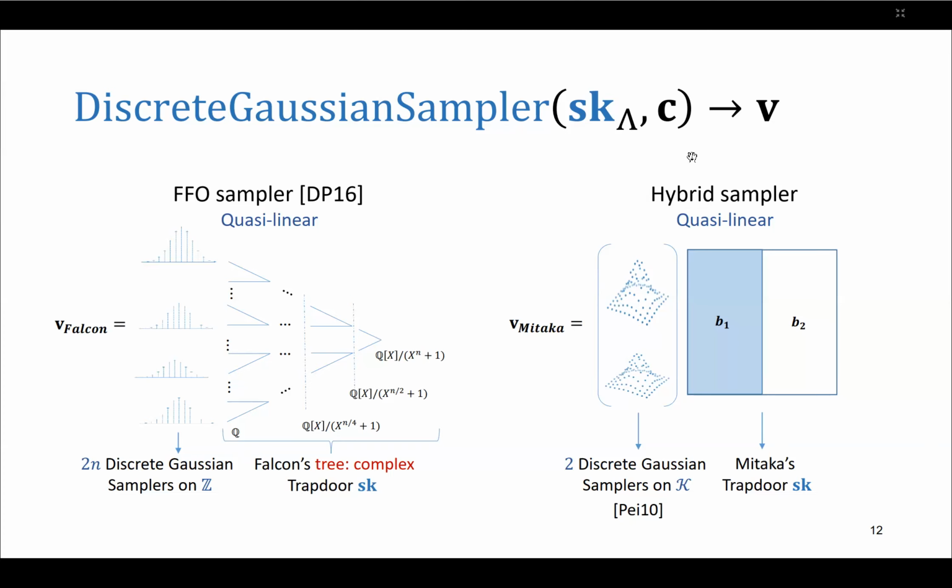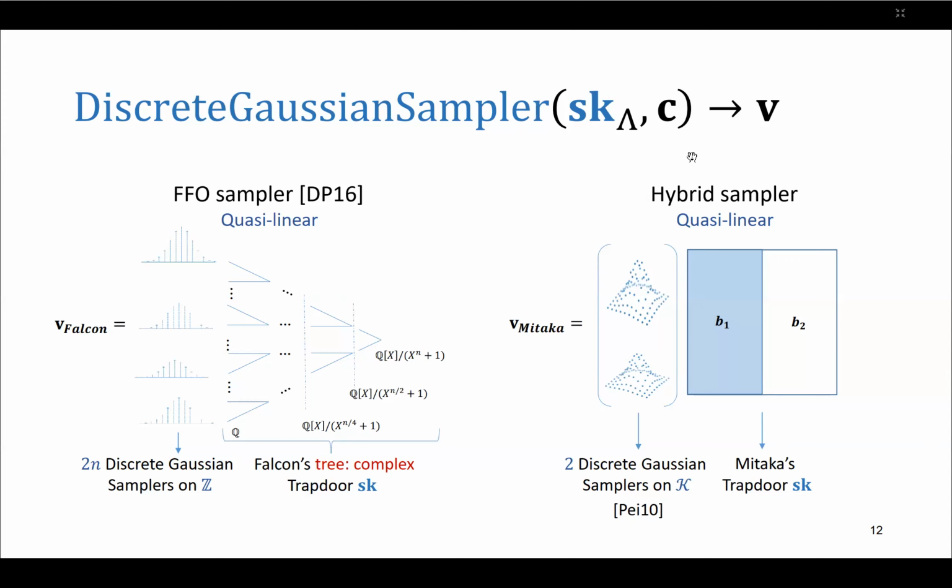The quasi-linear complexity of FFO is obtained by changing the integer matrix into binary floating-point trees, or the Falcon trees, which are hard to implement with security. Falcon trees are also the reason why Falcon is limited in parameter selection.